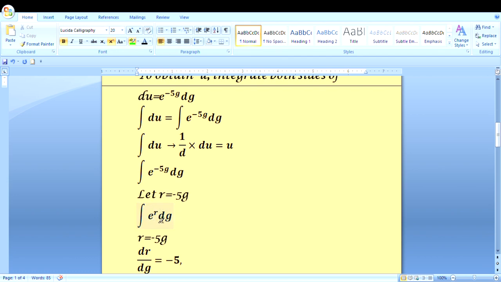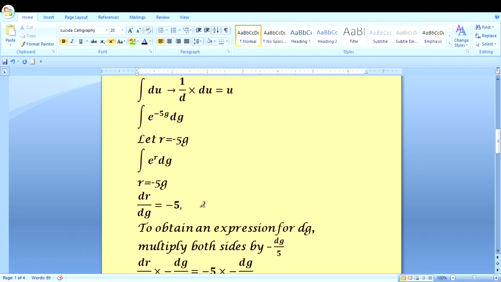We are doing this because we need to use substitution so that we are able to find an appropriate integral for the whole of this term. So here we have r is equal to minus 5g and the integral is equal to exponential r dg. So we need to eliminate the g so that we have the dr here by differentiating r is equal to minus 5g. So dr over dg is equal to minus 5.